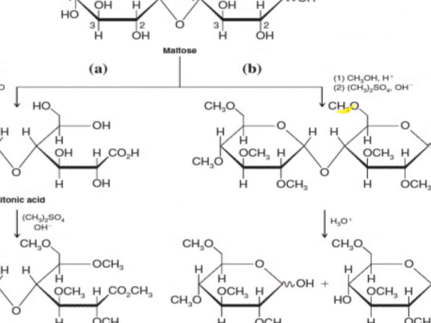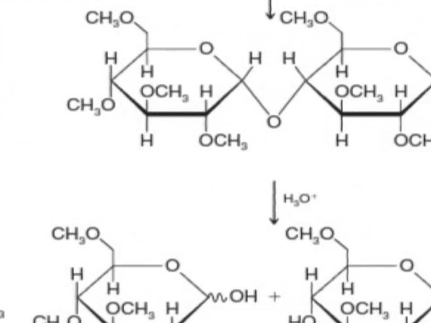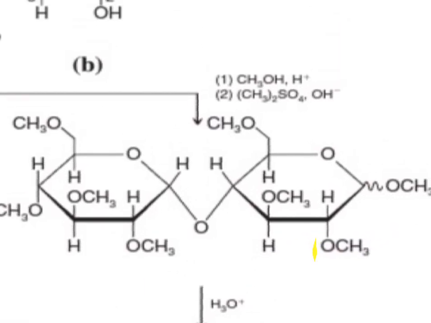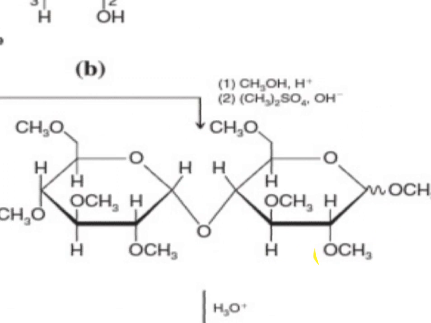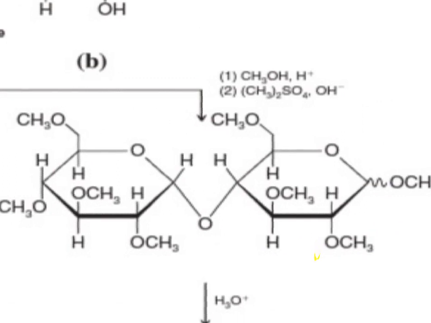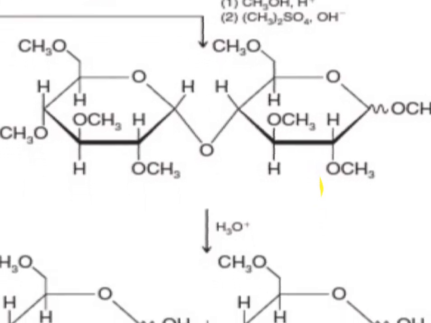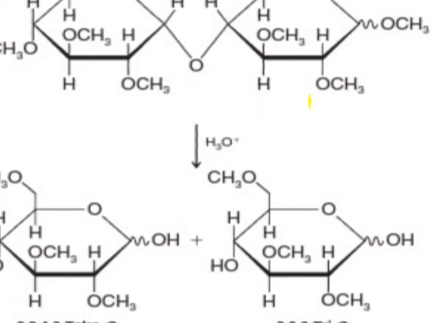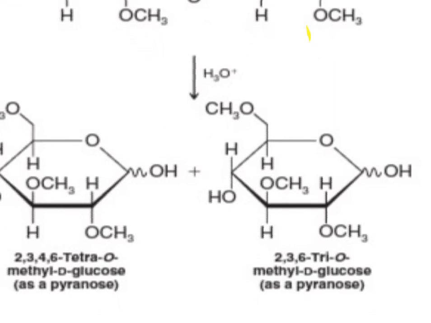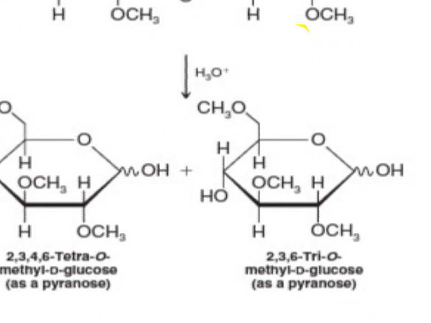What is happening? Something is wrong. Yes. Take maltose, then give methanol in acidic condition, then add dimethyl sulfate, then you will get this one. If you hydrolyze it, you will get tetramethyl D-glucose and trimethyl D-glucose.